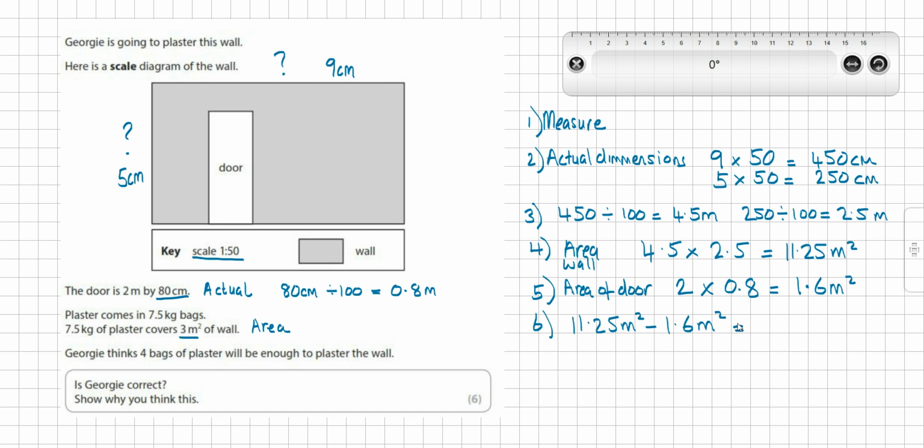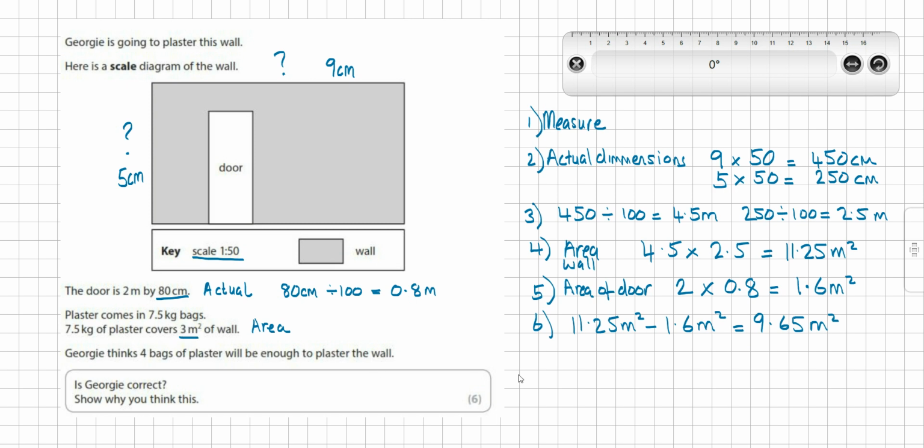Throughout this, you can use a calculator, and I would suggest that you do so that your focus is on what needs to be done in terms of solving the problem. So we have now arrived at the area of the wall that needs to be covered. We're almost there.